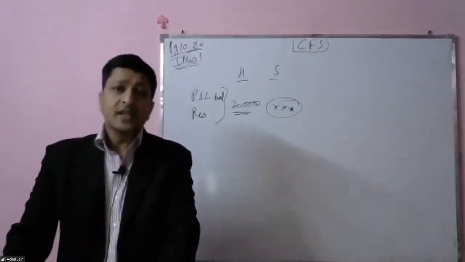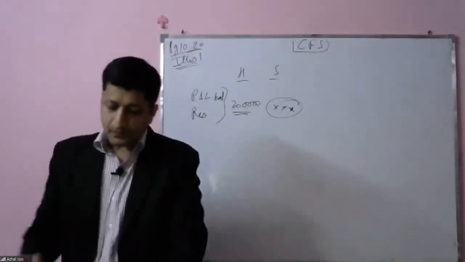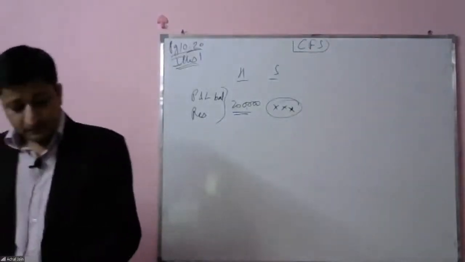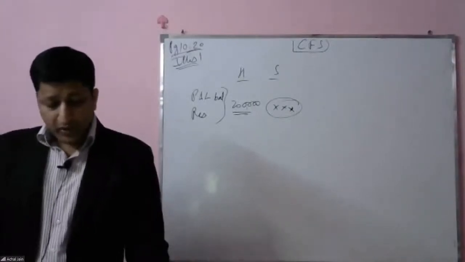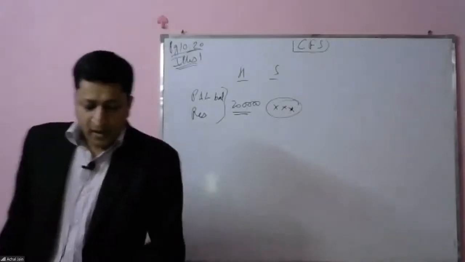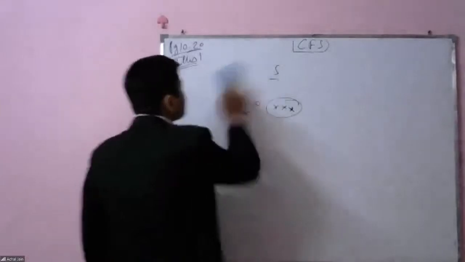So we are given the net assets of the subsidiary on both dates. Let's get on to the computation. First of all, what do we need? We need minority interest.